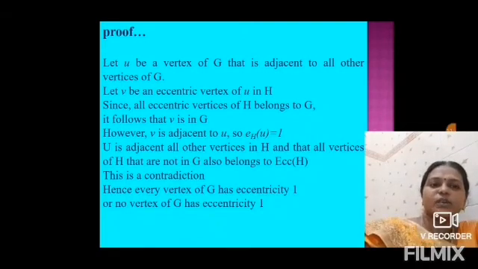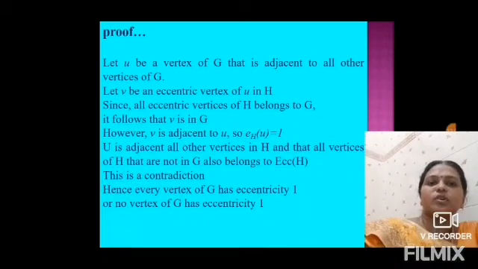Let B be an eccentric vertex of U in H. Since all eccentric vertices of H belong to G, it follows that B is in G. However, B is adjacent to U, so the eccentricity of U is equal to 1.